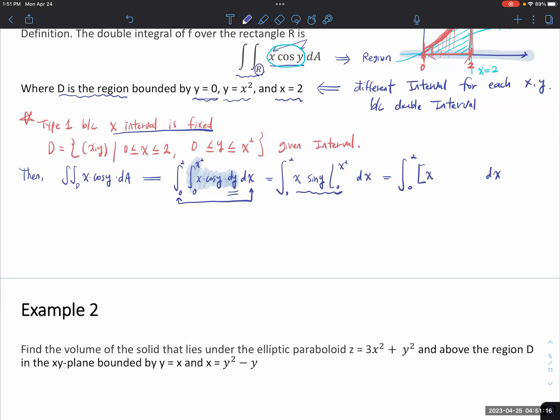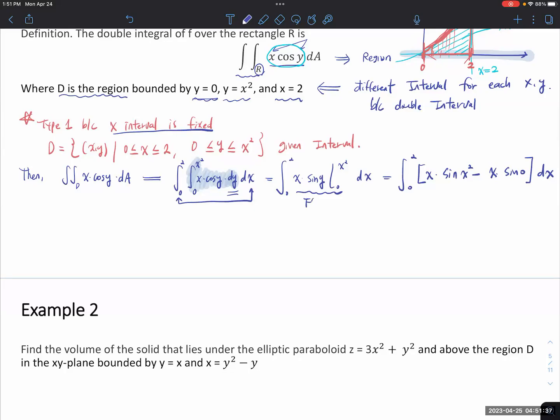So x times sine x squared minus x times sine 0, and then you're taking this outcome and taking the integral with respect to the x variable. Are you okay?